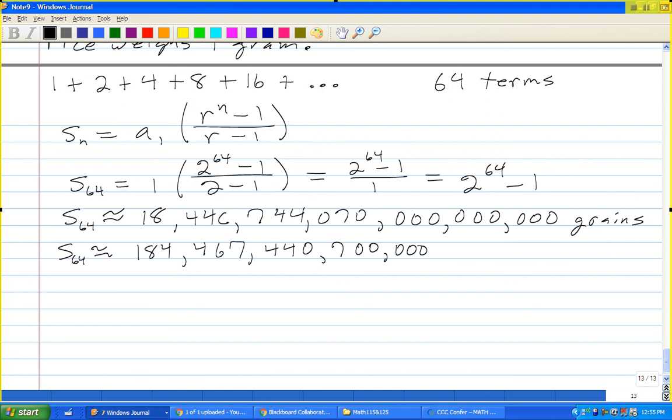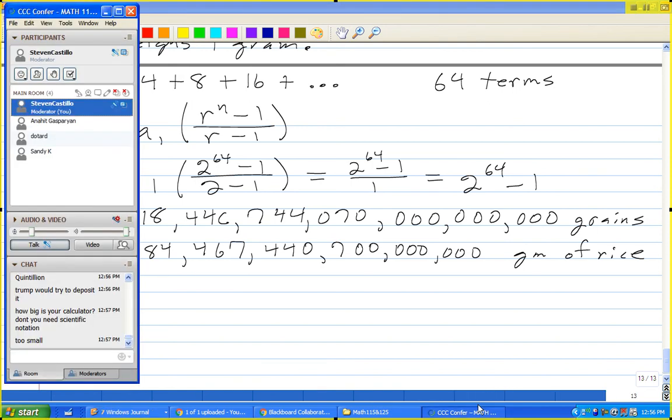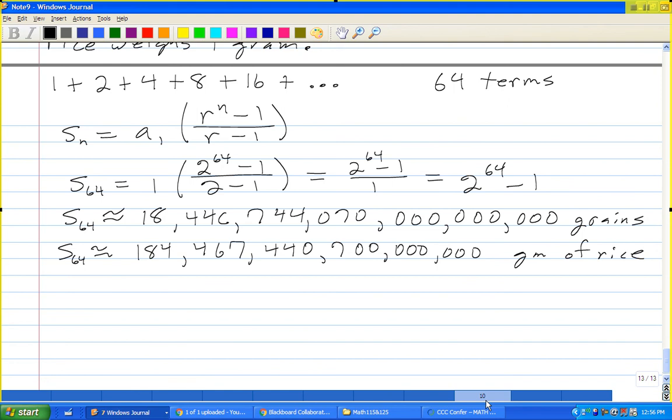Wait. I'm sorry. So let's see. Grams of rice. Okay, so let's. Sorry, I'm looking here. Yes, you would need scientific notation for this. That's why it's an approximate, because I can't go all the way out. My calculator doesn't go out that far. Okay, so that's how many grams of rice.